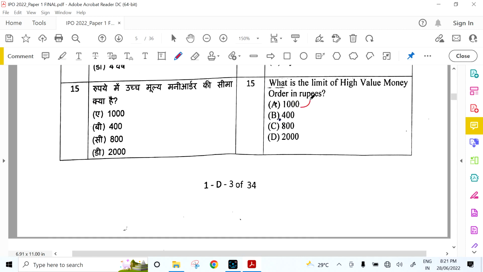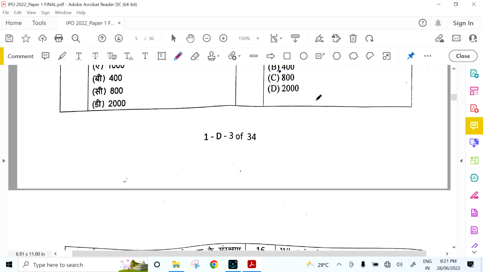Earlier it was 400. It has been enhanced to 1000 by the directed letter number 6-2/2013 dated 10/1/2014, and accordingly an amendment was made to Rule 87 of volume 5. Okay. Next question.